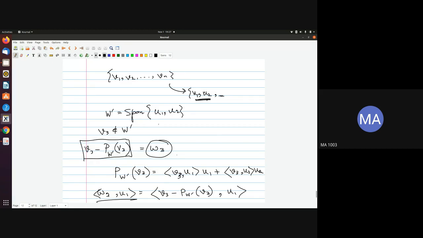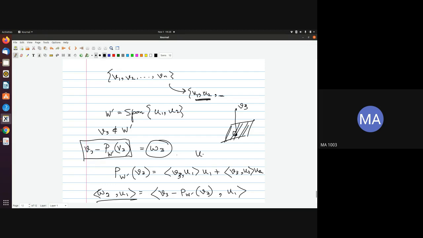Right? We take the span of U1 and U2, and I get something like this plane. V3 is outside that, and we take the projection vector here. So this is the span of U1 and U2, this is my V3, and here is the projection. I take V3 minus the projection vector, then it is perpendicular to the span, the vector space which is below.